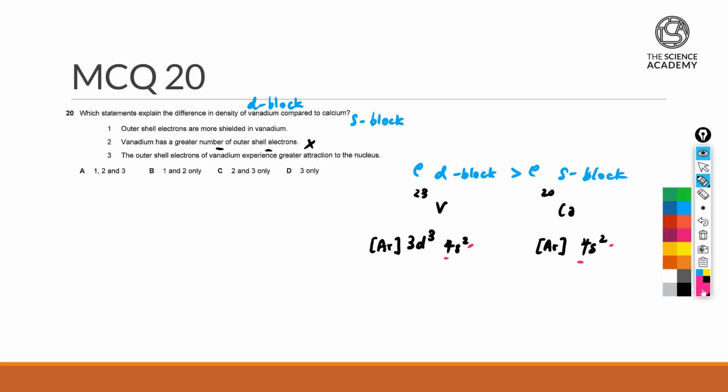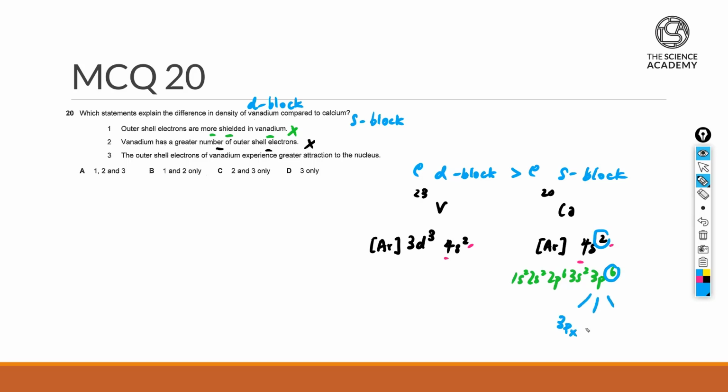But if we break it down slightly further, argon is 1s2, 2s2, 2p6, 3s2, and 3p6. The shielding effect here is actually going to be much lesser in vanadium as compared to calcium, because the 4s2 in calcium is shielded by the 3p6 subshell, which has a total of 3 sublevels, 3px, 3py, and 3pz, from the nucleus itself.